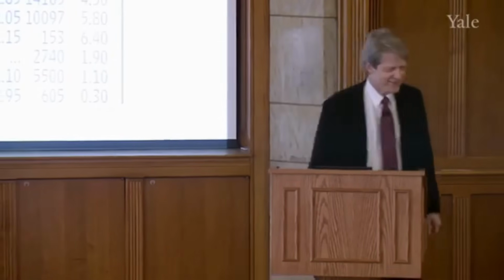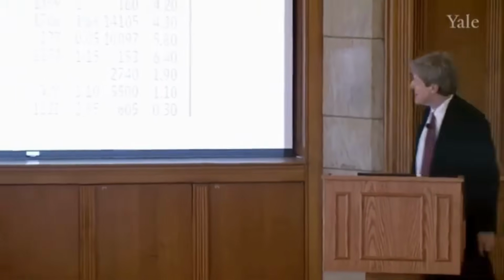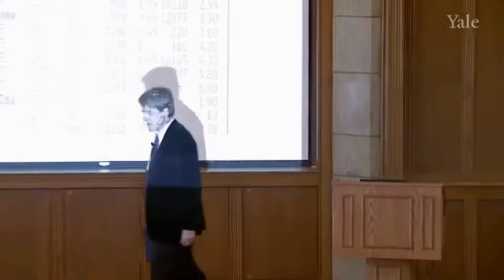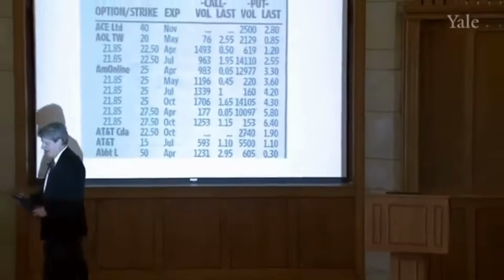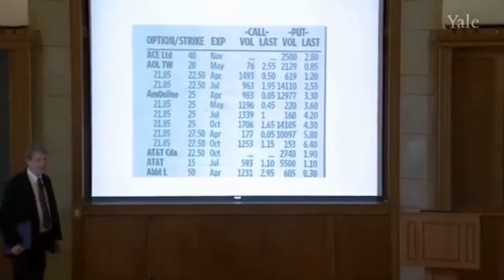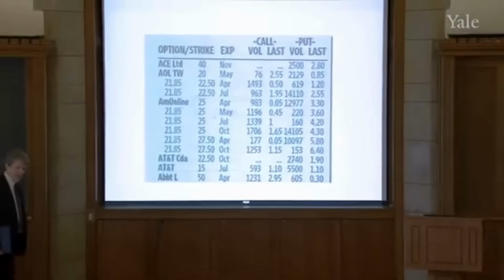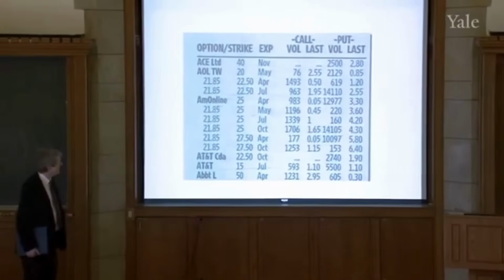But I can't update it anymore because newspapers don't print option prices anymore, so I could go on some electronic trade account and get an updated option page. But why don't we just stick with the Wall Street Journal? So this is a clipping from the Wall Street Journal, April 2002, when they used to have an options page, okay?